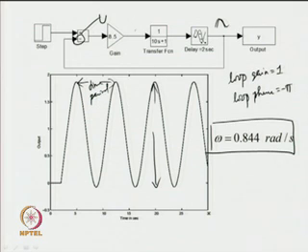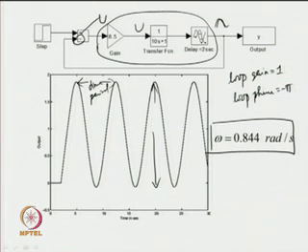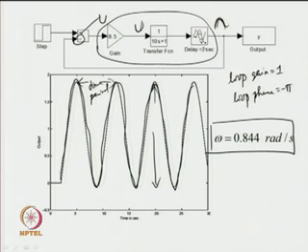Then the same output goes through the controller and plant, which gives another phase shift of minus pi, so it again gets inverted. That is why we get a sustained oscillatory output from the system when the loop gain is equal to 1 and the loop phase is equal to minus pi.